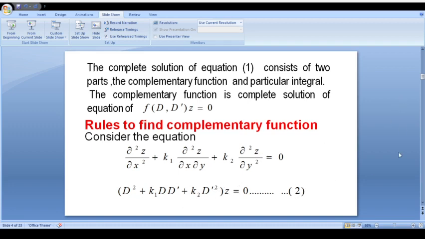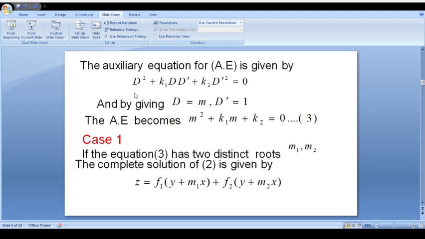Now after finding this, next we find the auxiliary equation. To find the auxiliary equation, we put D is equal to m and D dash is equal to 1 in this equation.